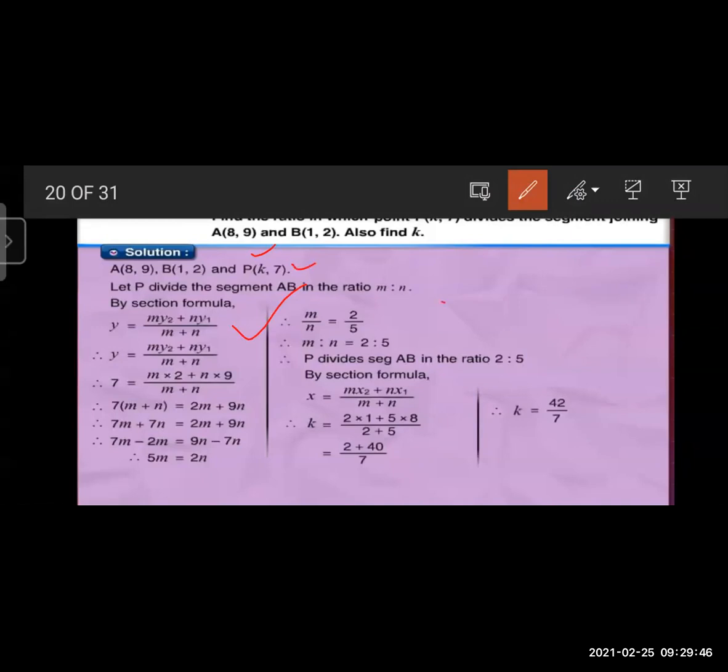If we take x equal to (m x2 plus n x1) divided by (m plus n), by using this formula we are not getting the ratio m is to n. The reason is that at one time we are not able to find the values of x and m plus n, since the value of x is k.